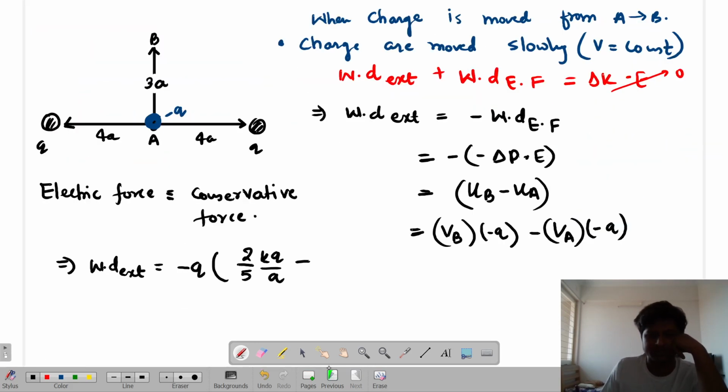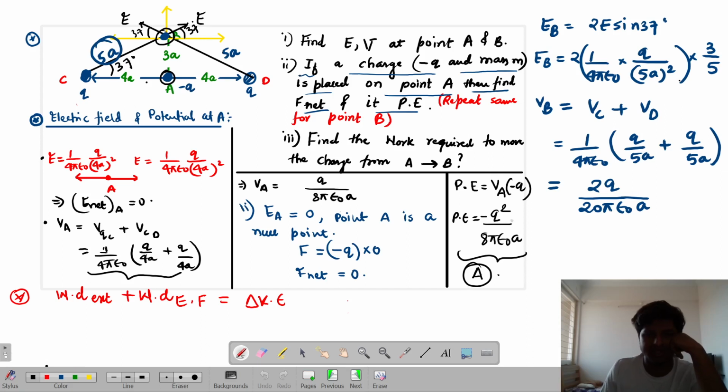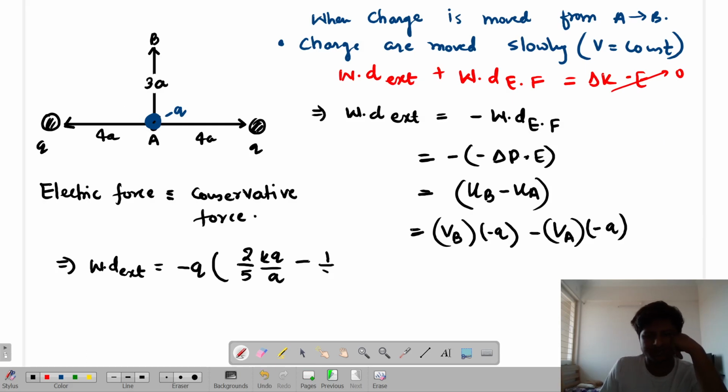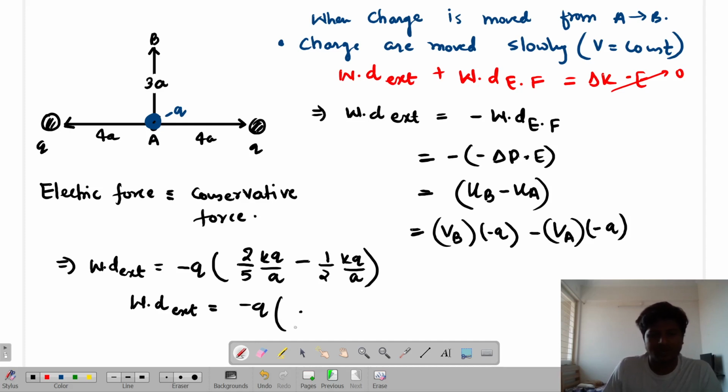Okay, minus this is potential at A, which is 1 by 2 KQ by A. So you can solve this easily, isn't it? You just solve this and you'll get the answer of work done by external force. So it will be how much? Minus of Q, KQ by A also common. So this will be Q square. I'll write this: KQ square by A. And this is 5 twos are 10.